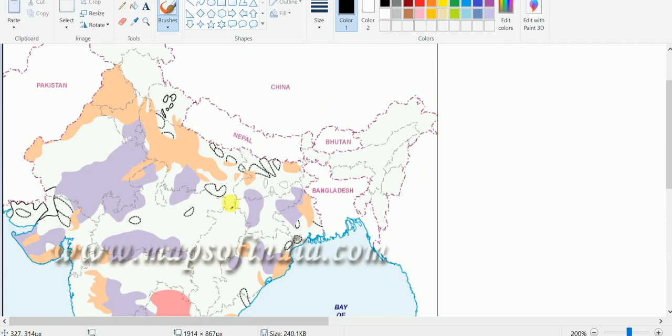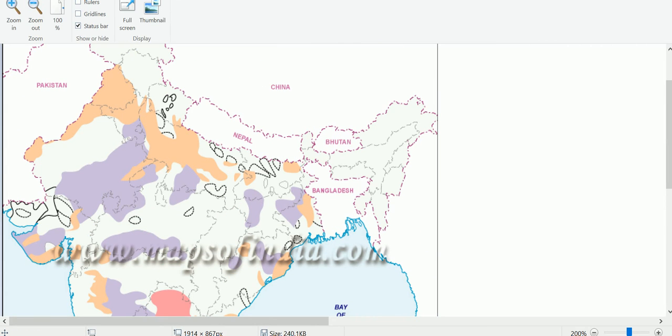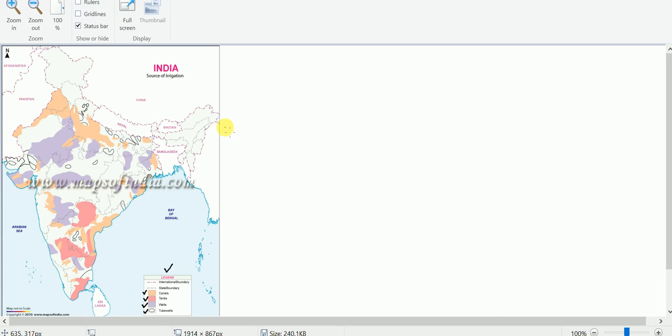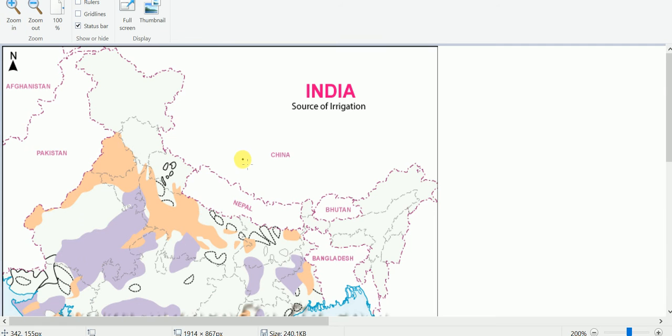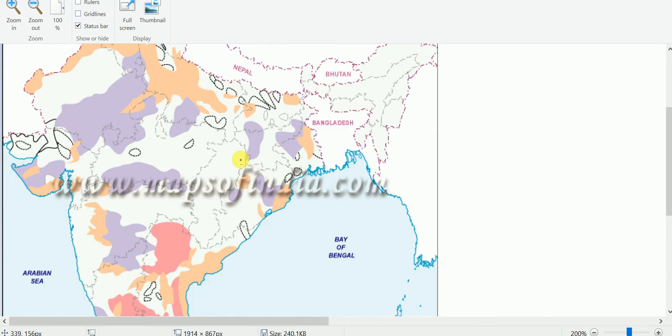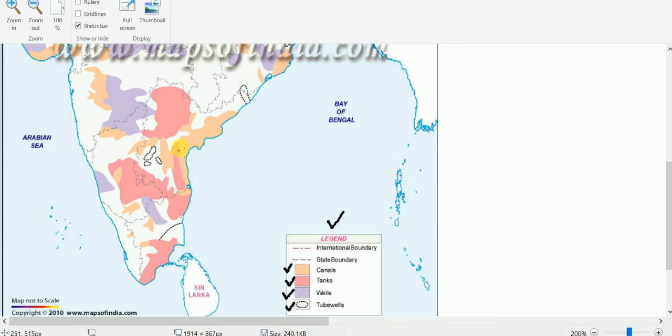And just have a look here. I think this is the map, so I will make it big. Just see here, in the southern part of India, we find mainly tank irrigation.